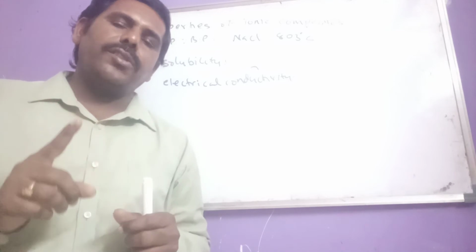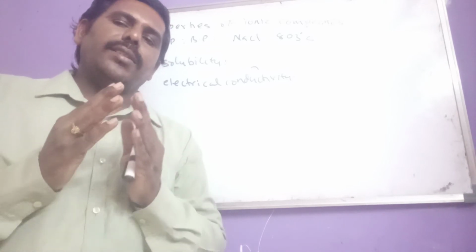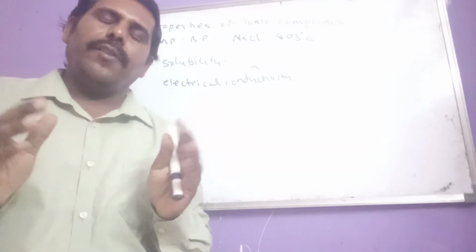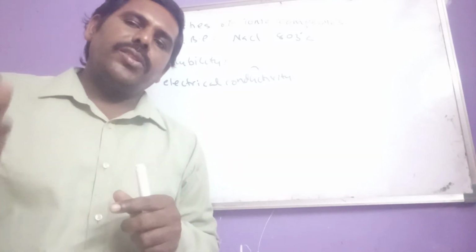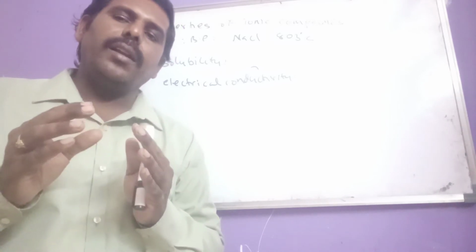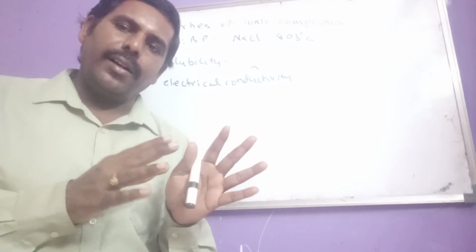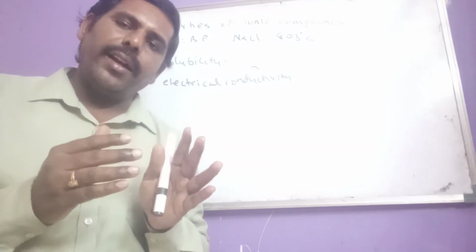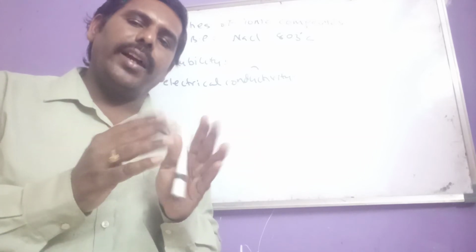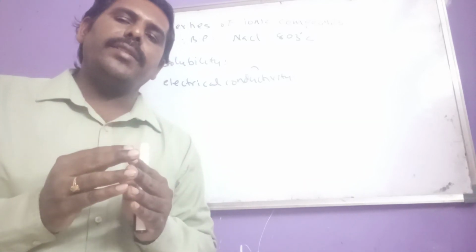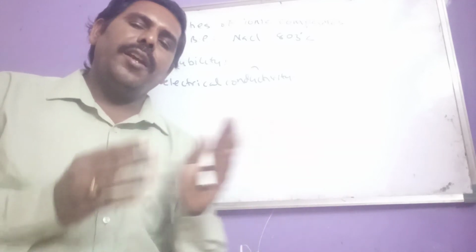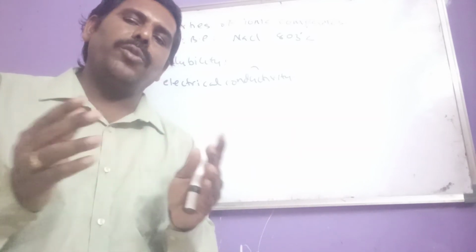But in the solid state, solid NaCl is an electrical insulator. Why? Because solid NaCl has ions but does not have free ions. What are free ions? The ions which move freely are called free ions. In solid NaCl, no free moving ions are present, because in solid state they can't move freely.